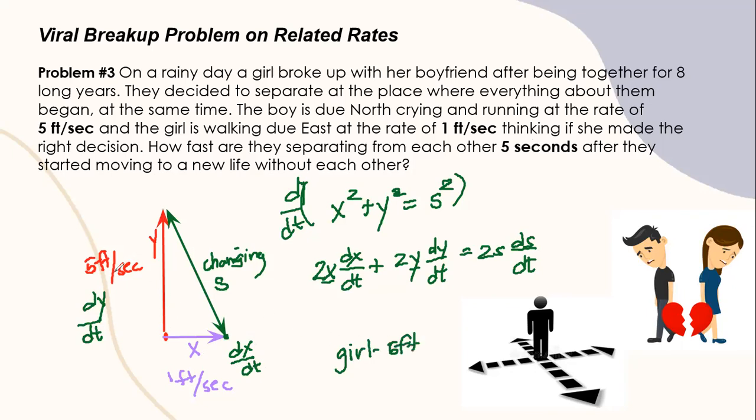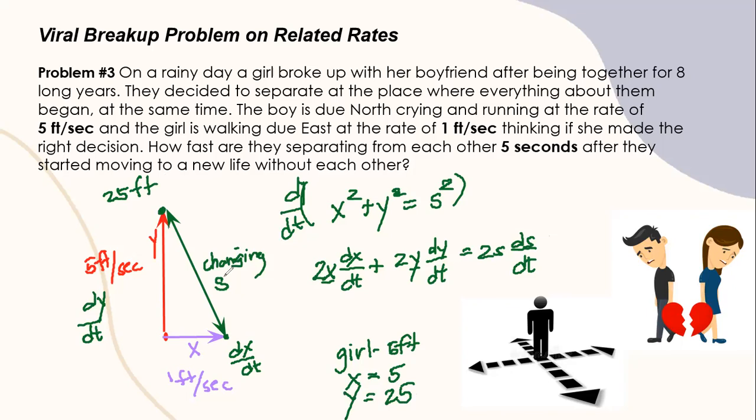Si boy naman, 5 feet per second. After 5 seconds, nakatravel na siya ng, okay, for example, nandito siya. Nakatravel na siya ng 25 feet. Okay? So that is our x is equal to 5 and si y is equal to 25. Okay? So we have all our given.